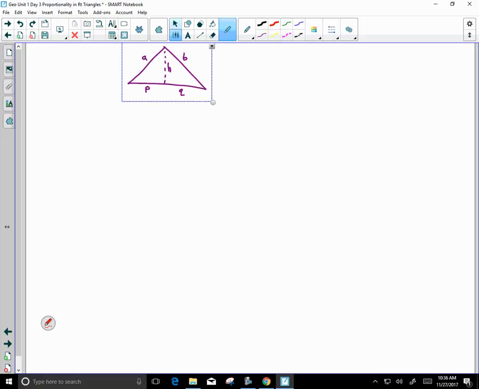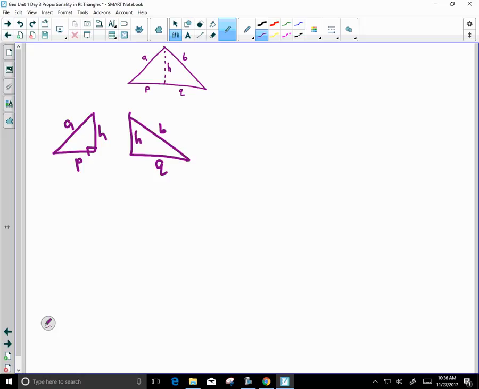First one is going to be this one, which is H, P, and A. The next one is going to be B, Q, and H. This is a right angle as well. And then, of course, there's the whole thing: A, B, and P plus Q.